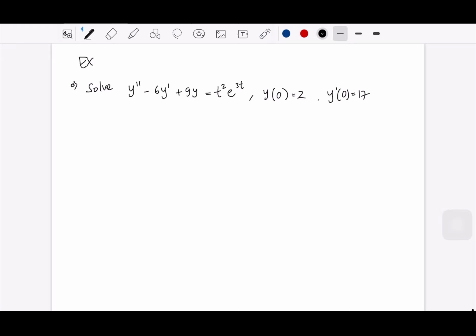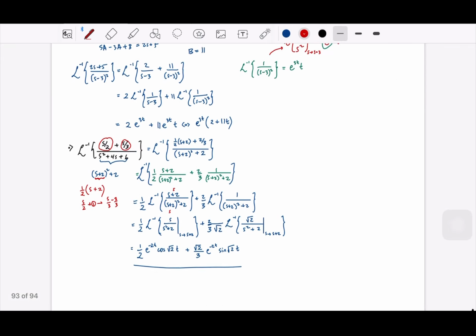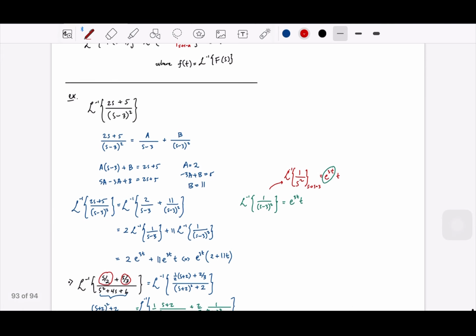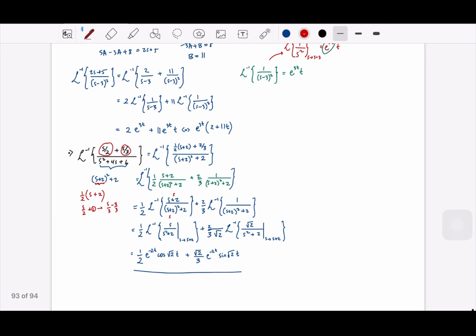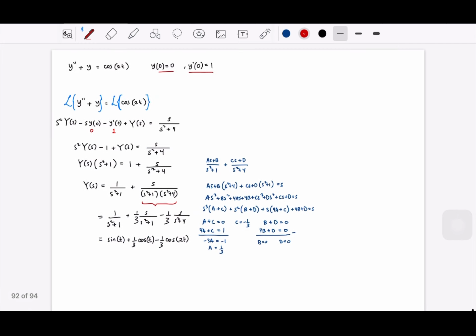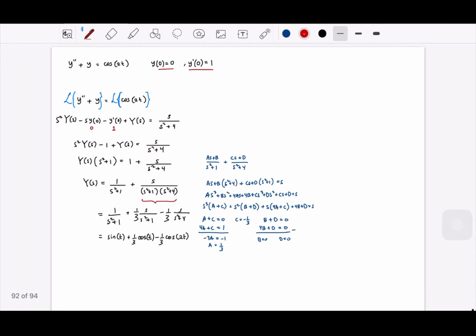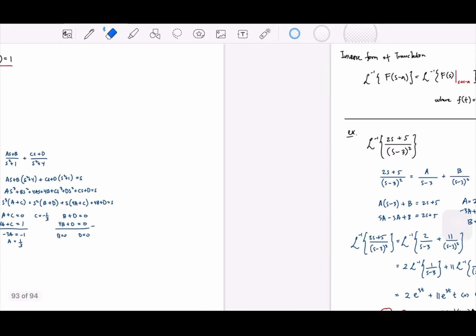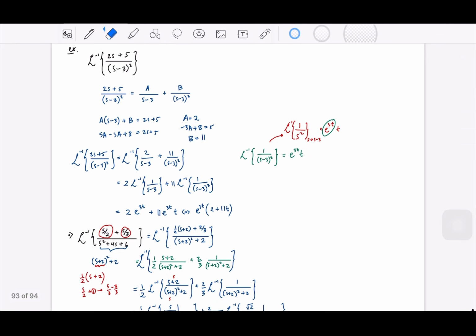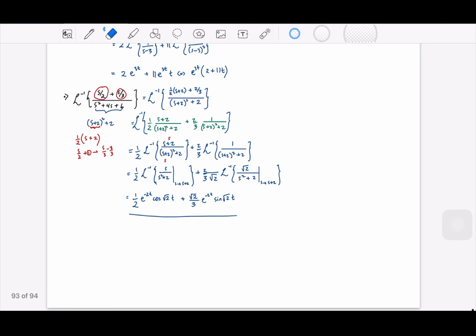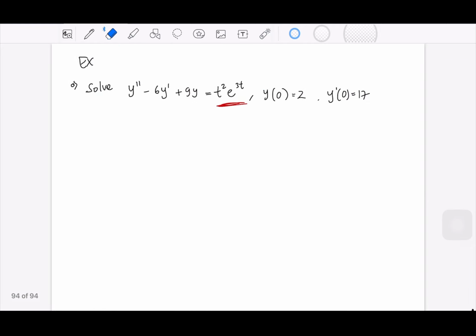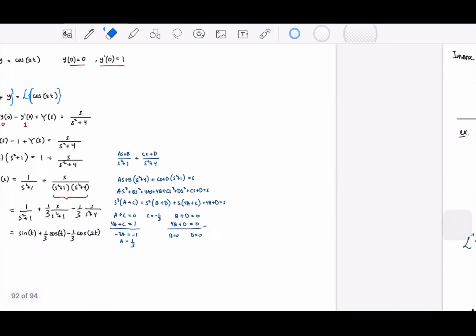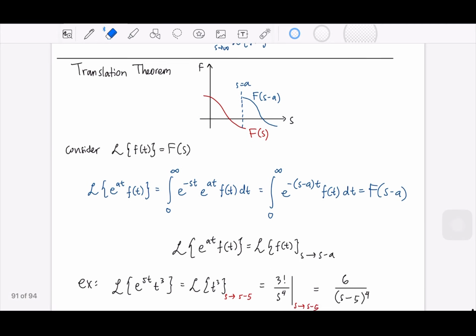Okay, at this part here, if we observe carefully, it's similar to what we have in which example? Wait, let me check. Oh, I think this example.